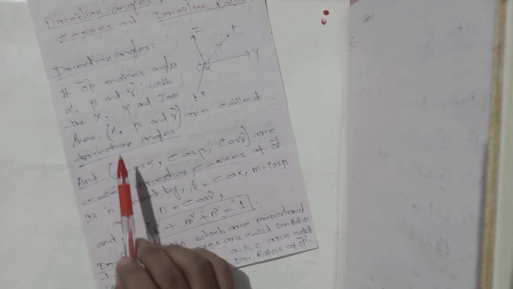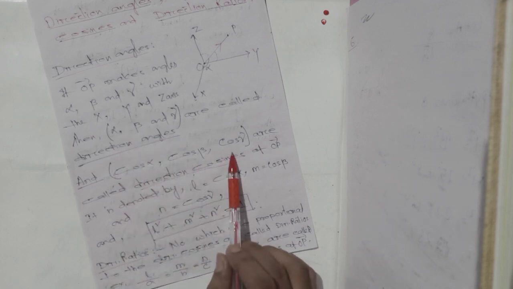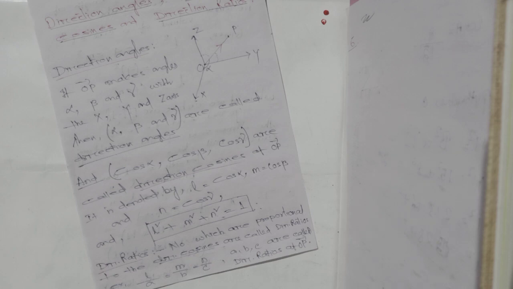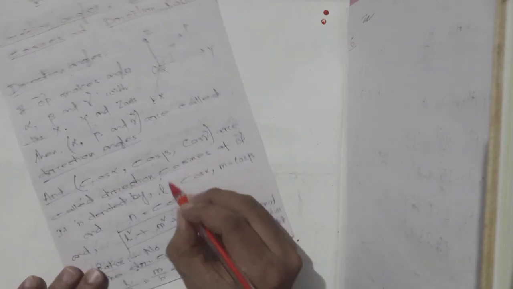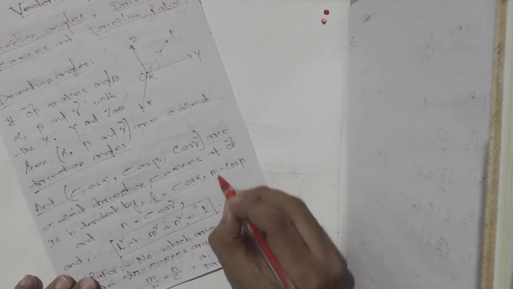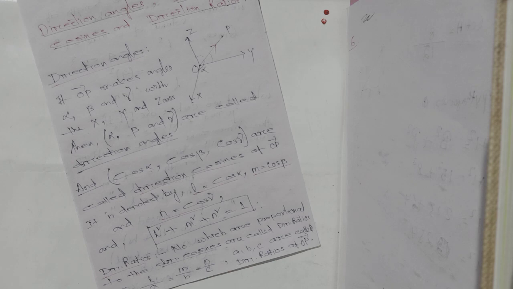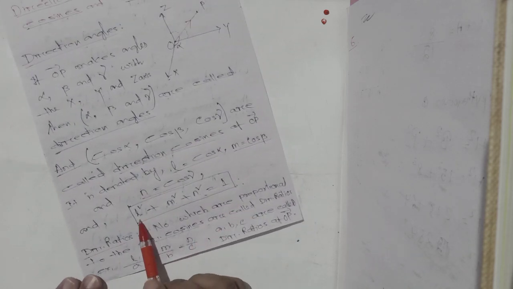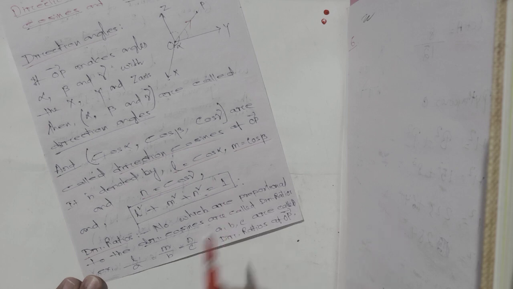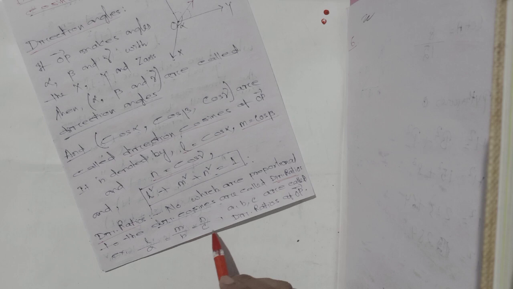Cos alpha, cos beta, cos gamma are called direction cosines, written as L, M, N. There is an important relation, L square plus M square plus N square equal to 1. And the numbers which are proportional to L, M, N are called direction ratios. For example, L by A equal to M by B equal to N by C, where A, B, C are direction ratios of the line vector OP.